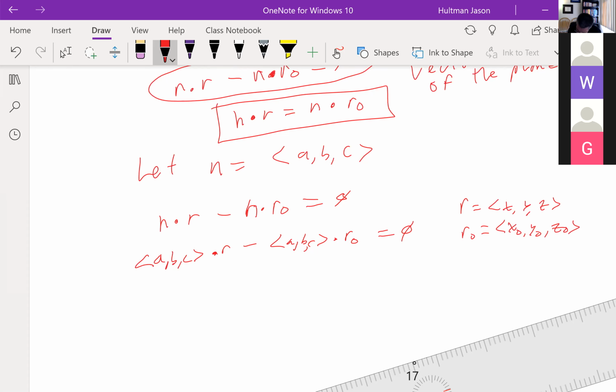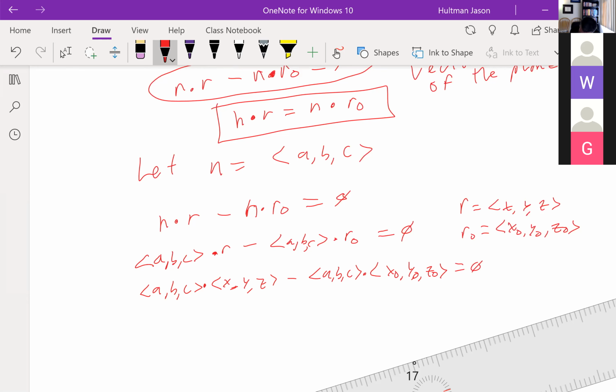And so this becomes ABC, easy as 1, 2, 3, x, y, z minus ABC dotted. These are dotted, by the way. Dotted with x naught, y naught, z naught is equal to 0.